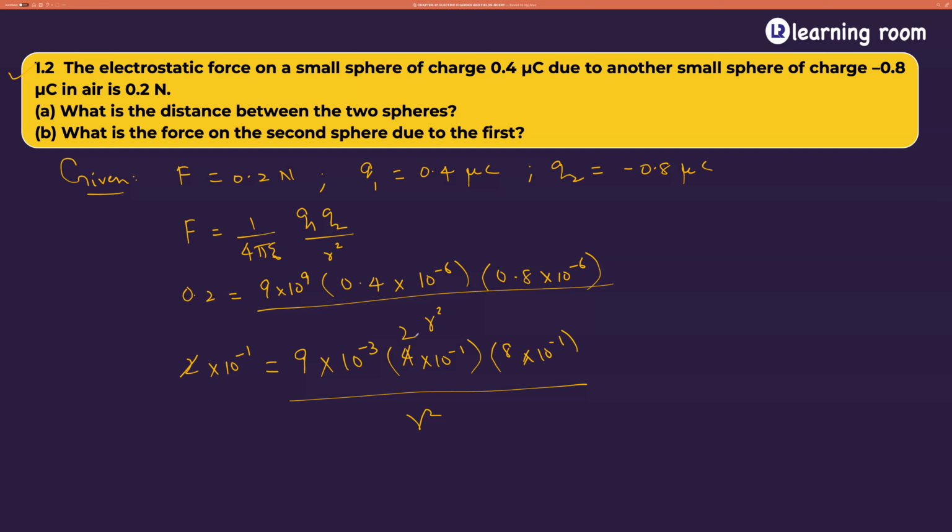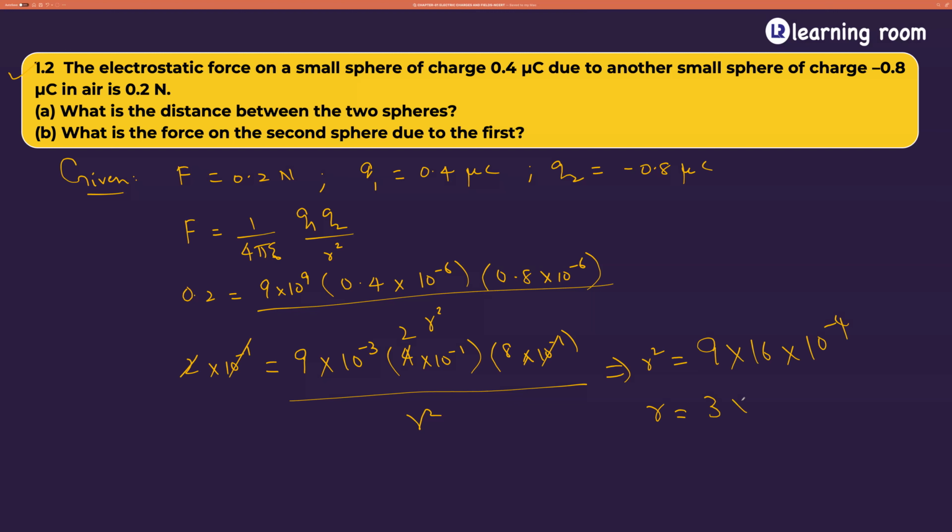So if I do that, what I'm going to get is R square will be equal to, I'm not going to multiply anything, observe, 9 into, this is the only thing I'm going to multiply. 8 into 2 is going to be 16 into, this 10 power minus 1 also cancels. Okay. So what is that we are left out with? 10 power minus 4, right? So R square is this, means R will be equal to square root of all these values.